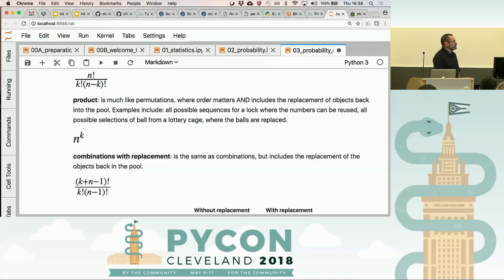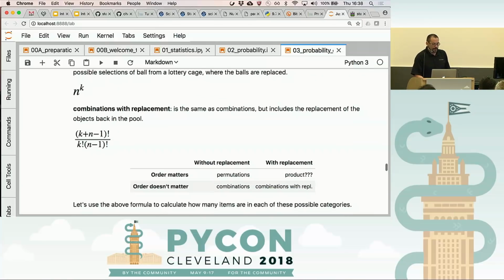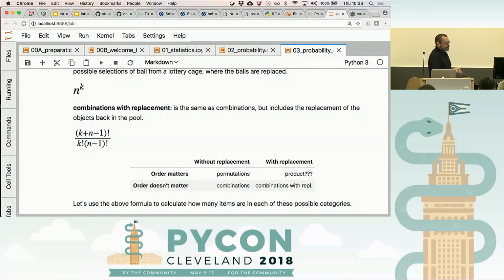Products are a lot like permutations, but you not only care about the order, you start to replace things. For example, I pull a ball out of a lottery cage, I read the ball, I throw the ball back in, and I have the chance of pulling that same ball out again. But the order of the numbers matters. And then combinations with replacement is the same as combinations, but I put stuff back in the pool.